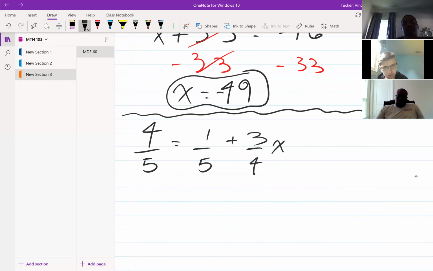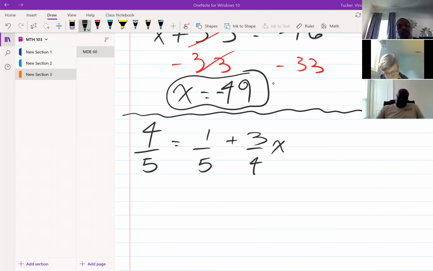All right, so we have 4/5 equal to 1/5 plus 3/4 x. First thing we want to do here, well, let me say this. You can handle this type of problem one of two ways.